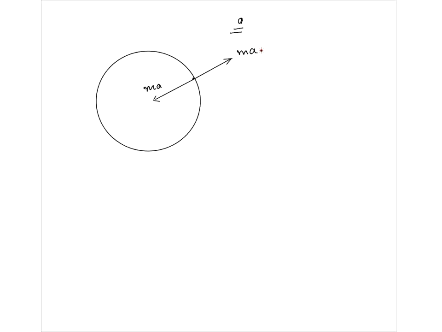And there is one more thing. That acceleration A is there because of some other forces. So somebody is actually providing that centripetal force. Centripetal force may have various origins.